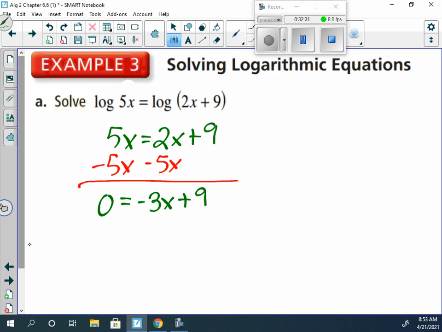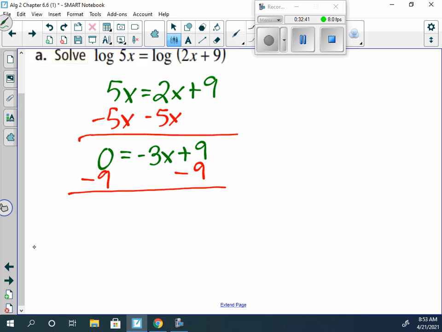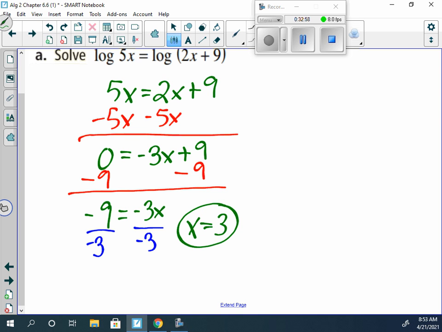So from here, we can minus 9 from both sides, which will tell us that negative 9 is equal to negative 3x. Divide both sides by negative 3, which tells us x is equal to 3.